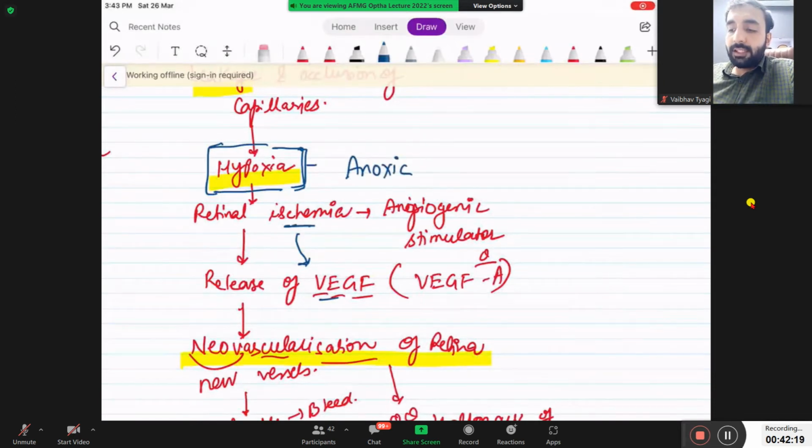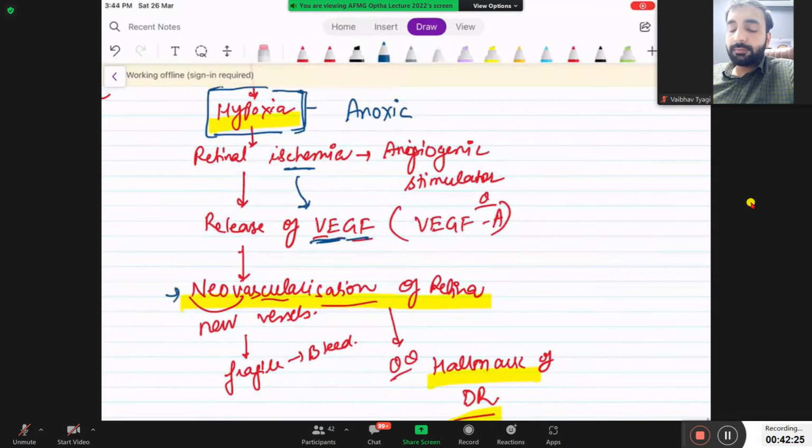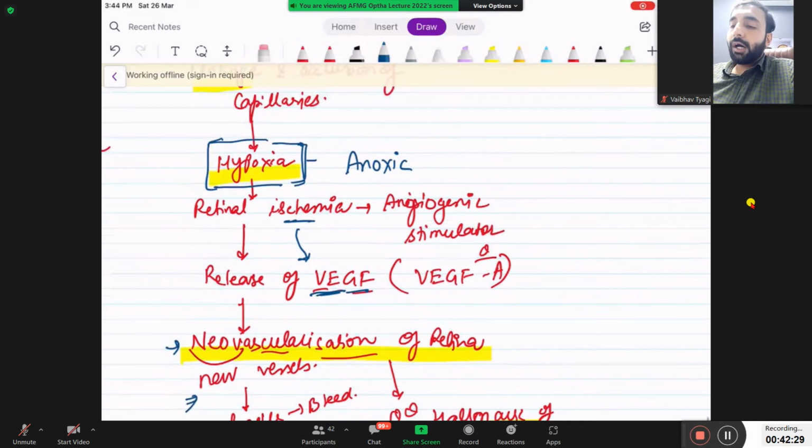There will be no ischemia, there will be no release of vascular endothelial growth factor, and there will be no neovascularization. There will be no new vessel formation. Now, how will I make the retinal tissue anoxic? If I burn the retinal tissue. And how do I burn? With the help of laser.